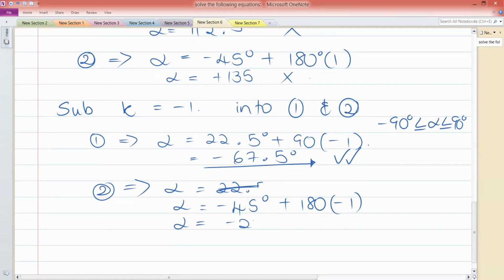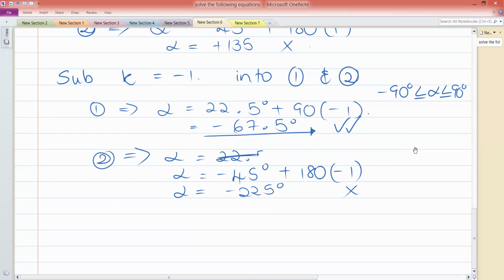No, ma'am. It's negative 225 degrees, which is not in our range, so we don't take that. So our values of theta are negative 67.5, then 22.5, and negative 45.